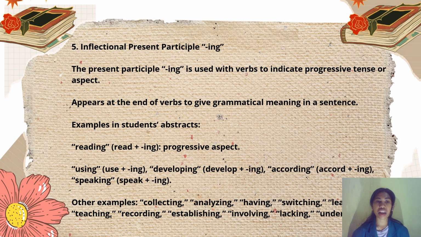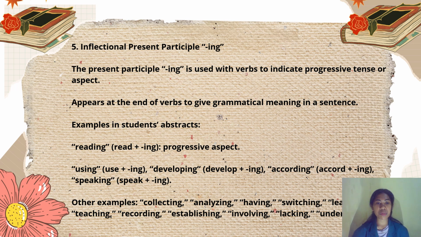In this slide, we would like to discuss the inflectional present participle ing. The present participle ing is used with verbs to indicate progressive tense or aspect. It appears at the end of verbs to give grammatical meaning in a sentence. Examples in students' abstracts: the free morpheme read plus ing becomes reading. It indicates a progressive aspect.